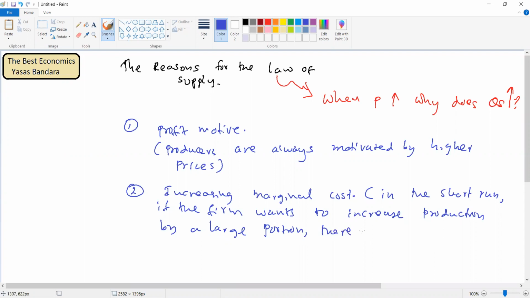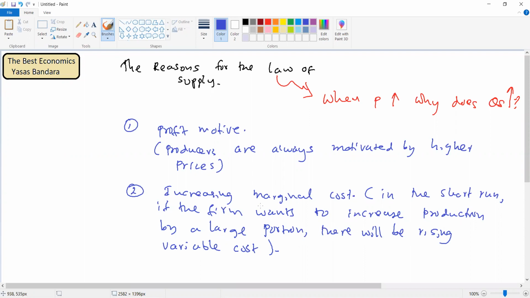there will be rising variable cost, because there's a problem in the short run. In the short run, a firm is unable to change its fixed factors like capital, buildings.